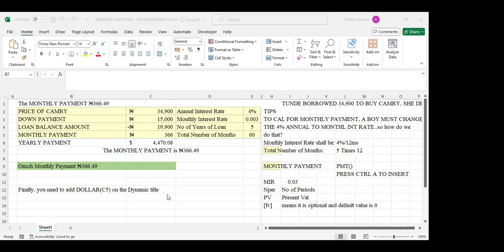Is it clear? That's the number of times that is going to pay. That duration might be a little tricky, because when we said 5 years, it's still the number of times it will pay: 1, 2, 3, 4, 5. When we say monthly, it's 60 months, 1, 2, 3, 4, 5, 6 to 60.